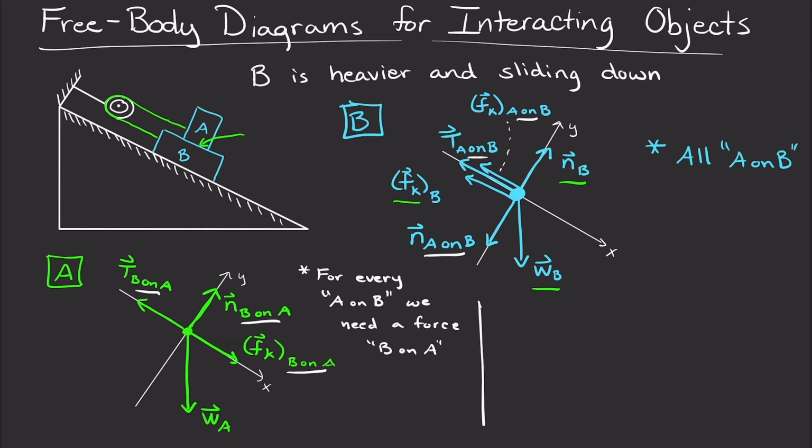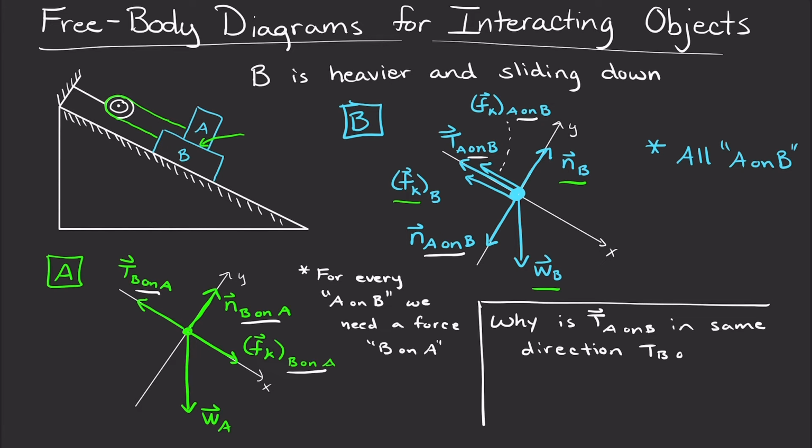So the last thing that I want to bring up, in case there's a question, is why is T A on B in the same direction as T B on A? All of our other action-reaction pairs are in the opposite direction.